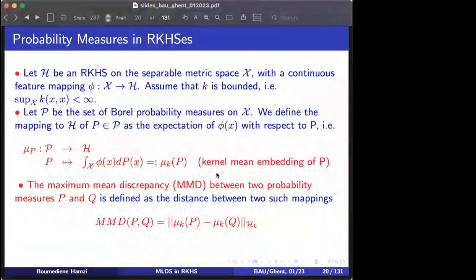The kernel mean embedding is the mean of the probability distribution after being mapped into the RKHS. The maximum mean discrepancy between two probability measures is the difference between the means. So we are using a linear quantity, that is the mean, and defining the MMD as a metric between probability measures: the difference between the means of the probability measures after being mapped into the RKHS.